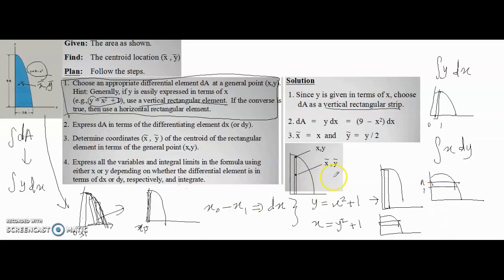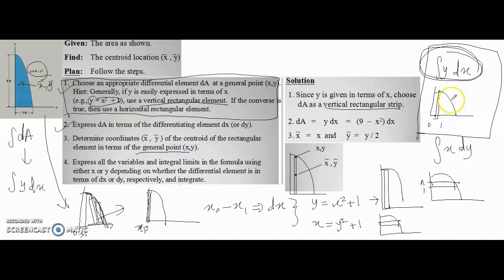Now you have decided to choose the vertical rectangle element. So the integration function uses this formula. You already do this step and this step, and then the third step is to determine the coordinate of x bar and y bar in terms of the general point.